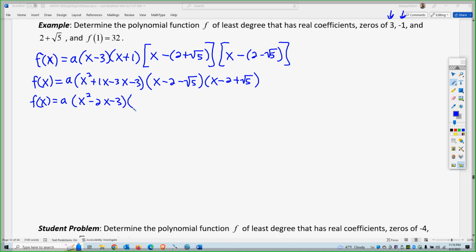Okay, so notice when I multiply the next one, it's 3 terms times 3 terms, which should give me 9 terms, right? So if I go through, I get x squared minus 2x plus root 5x, right? So I go through and then do the negative 2 next. So negative 2x plus 4 minus 2 root 5.